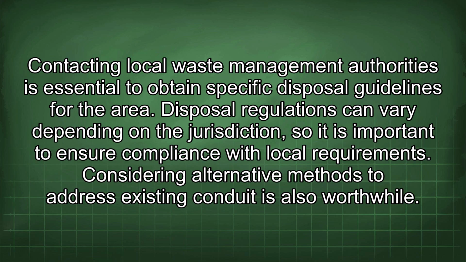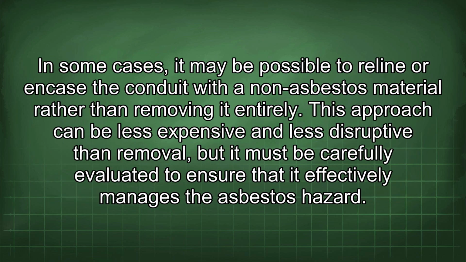Considering alternative methods to address existing conduit is also worthwhile. In some cases, it may be possible to rely on or encase the conduit with a non-asbestos material rather than removing it entirely. This approach can be less expensive and less disruptive than removal, but it must be carefully evaluated to ensure that it effectively manages the asbestos hazard.